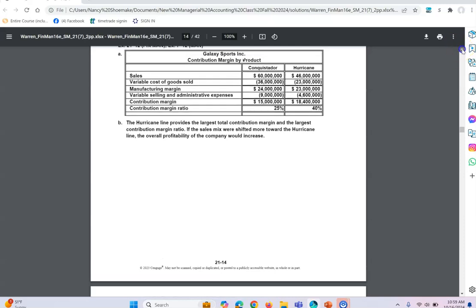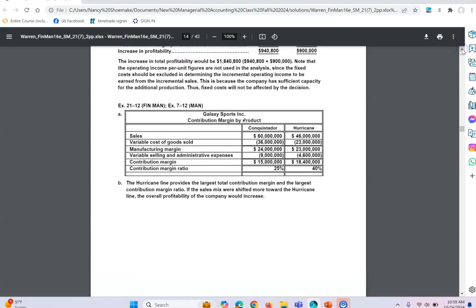Here we go. So, we've got our sales of the Conquistador and of the Hurricane, our variable costing, we've got our manufacturing margin, our variable selling and admin, and our contribution margin.